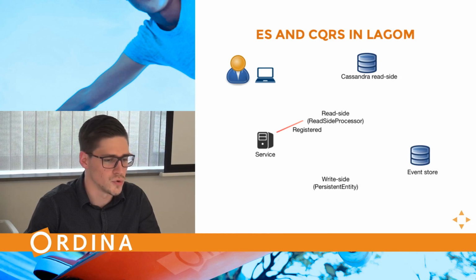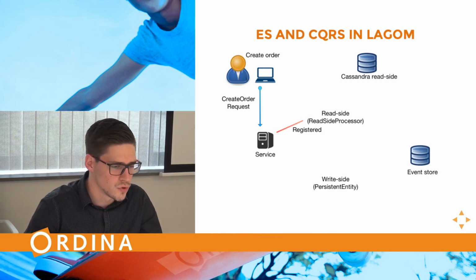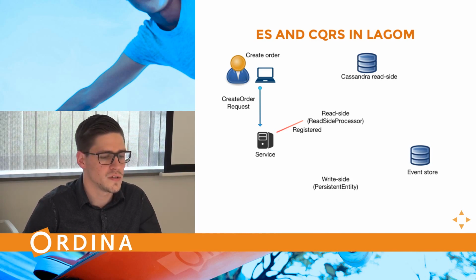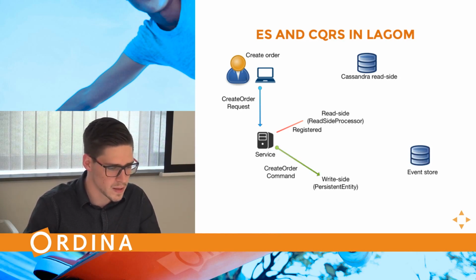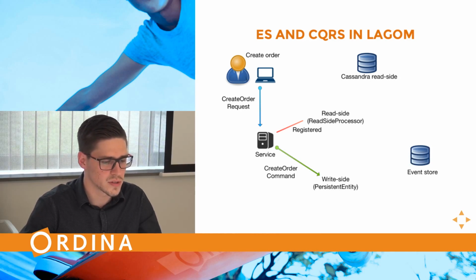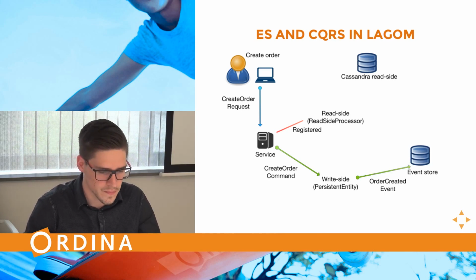Then we have our user right here, and the user is trying to create a new order. So via the web interface, he's creating a new order. We can see right here that a create order request is being sent to our service. In this service, the order request is converted to a create order command that will be sent to our persistent entity.